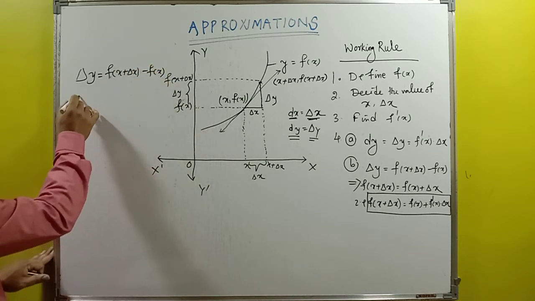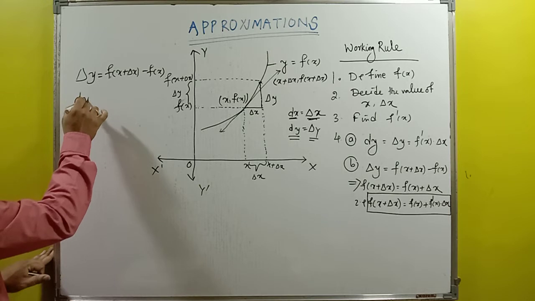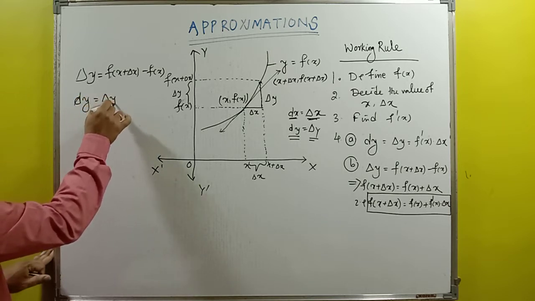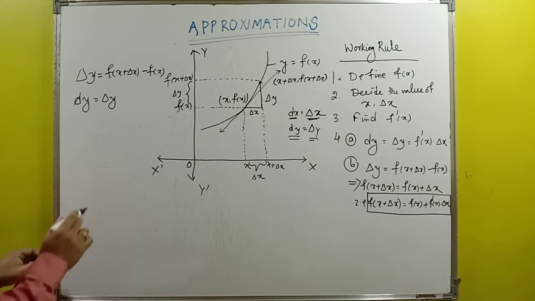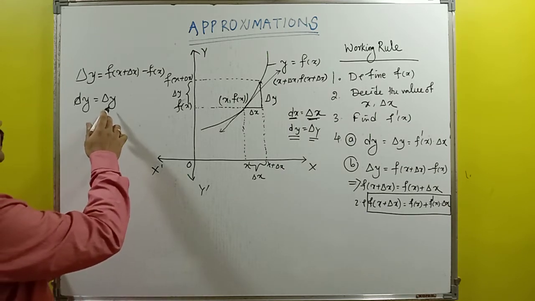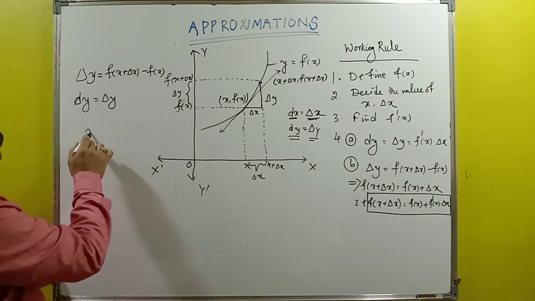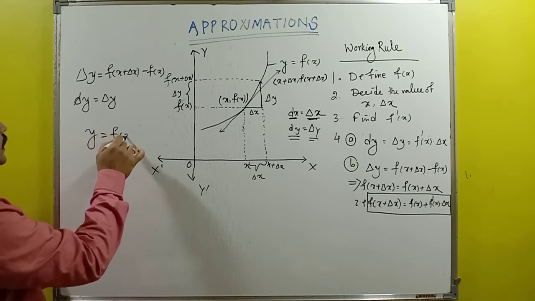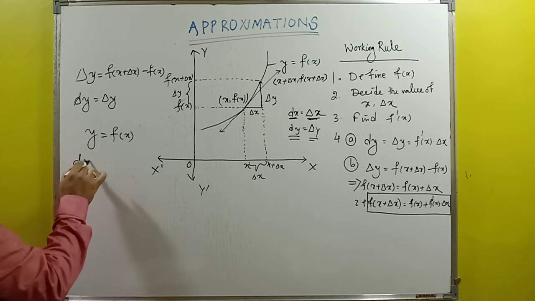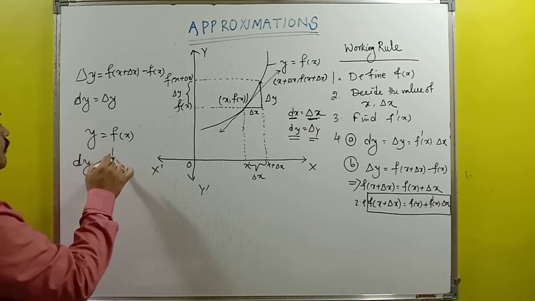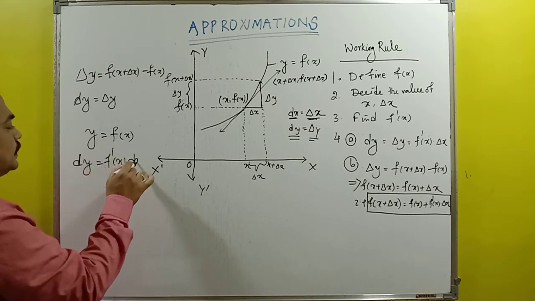And we know that this differential dy is nothing but del y, and how will you get it? Suppose y is equal to f of x, then if you take the differential, dy is equal to f dash x into dx.